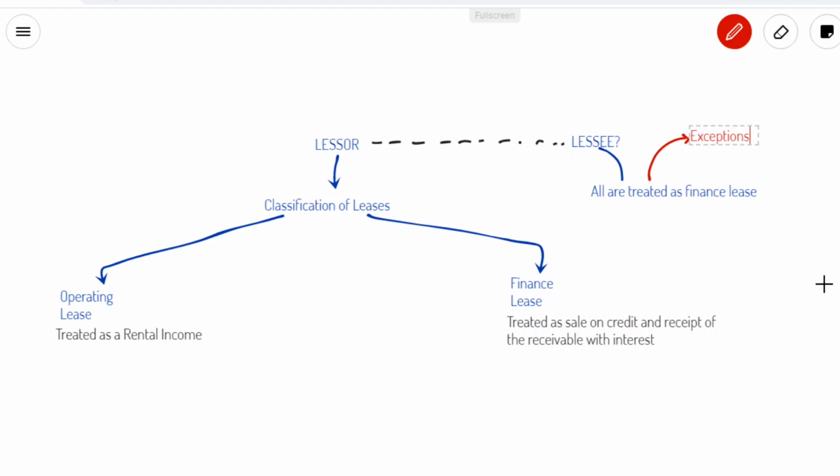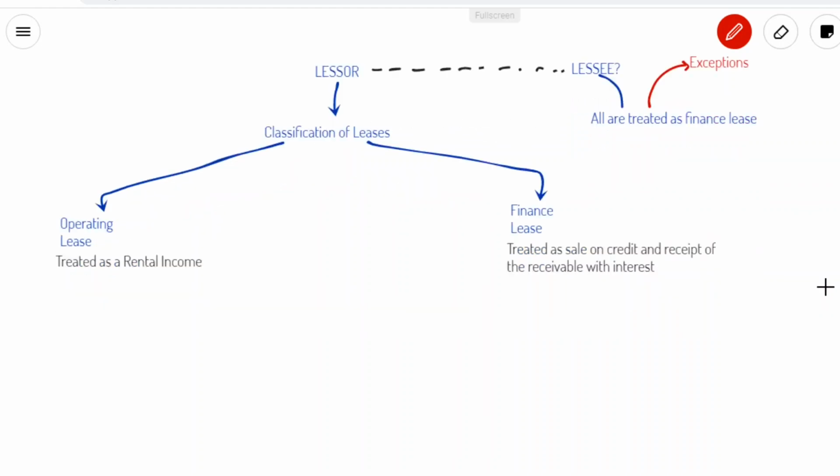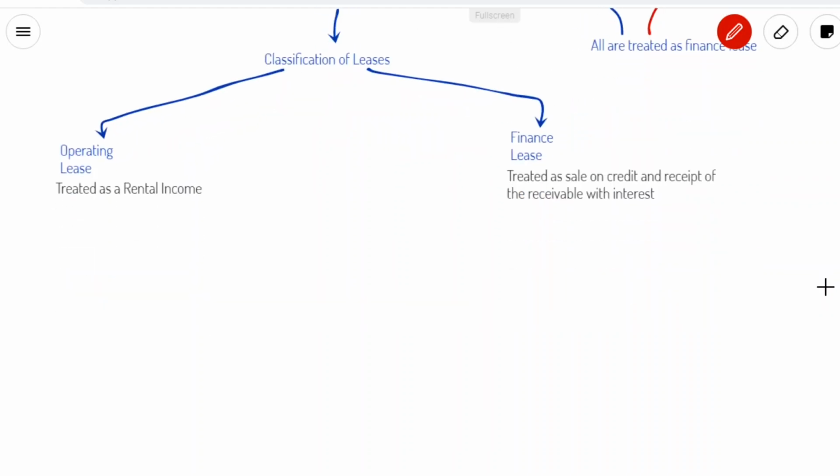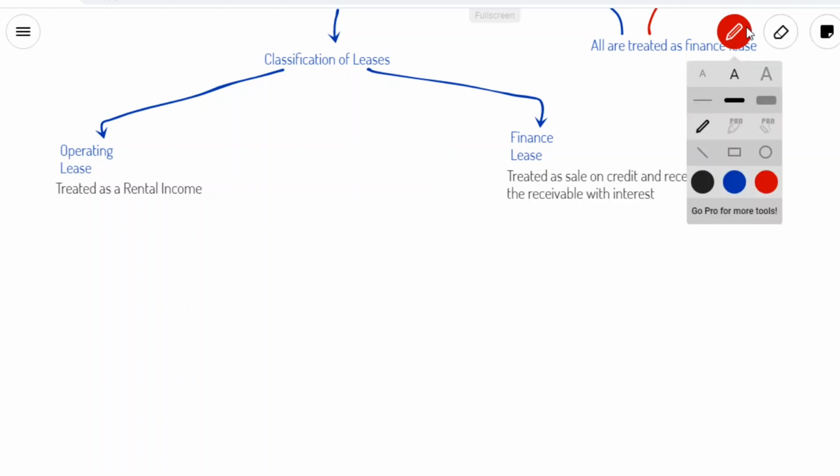We have a concept of an operating lease and a finance lease, but the concept is really somehow the same. The operating lease is where we treat a lease agreement as a rental agreement, where each period, whenever the lessor receives the rent, that rent is treated completely as rental income, as lease income, and the asset remains in the books of the lessor, which means it's a simple rental transaction.